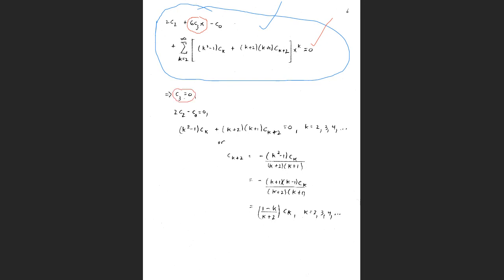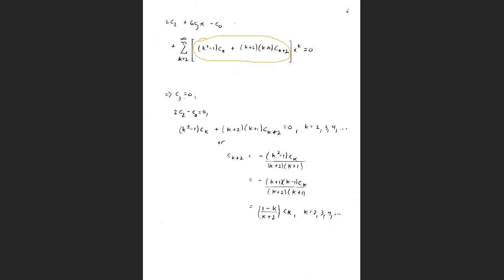Similarly, for the power series here to equal 0 for all x values, we need the coefficients of the terms in the power series to all equal 0. Okay, and so that was this statement here.